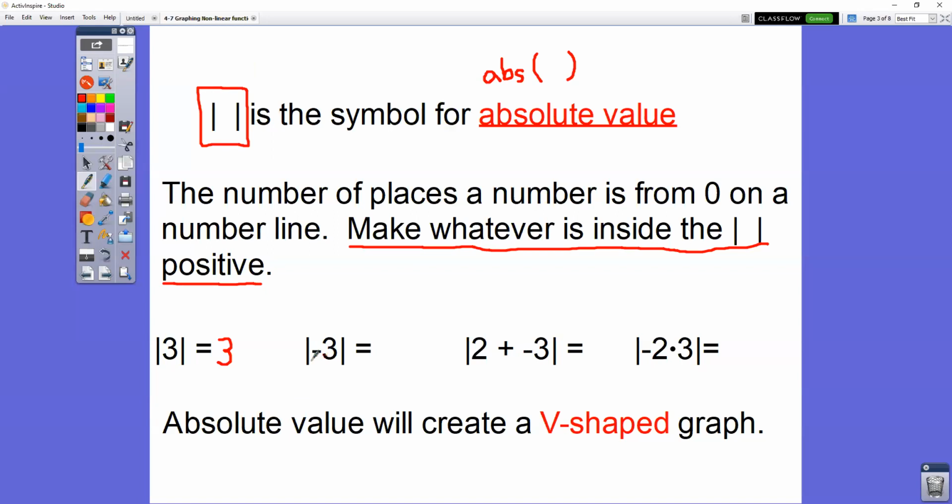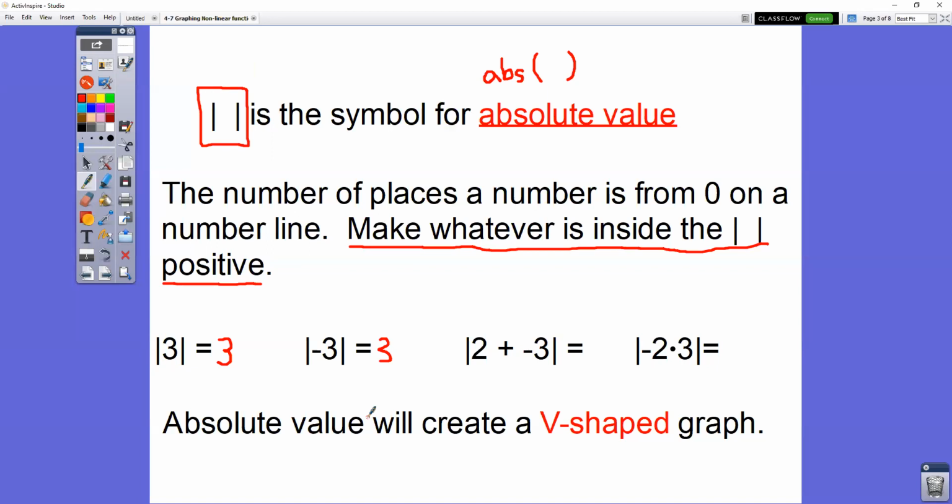If you have a negative number inside the absolute value symbol, take whatever's inside of there and make it positive. So the absolute value of -3 is also 3 because -3 is 3 spaces away from 0 on the number line. -2, -1, 0. 3 spaces away.